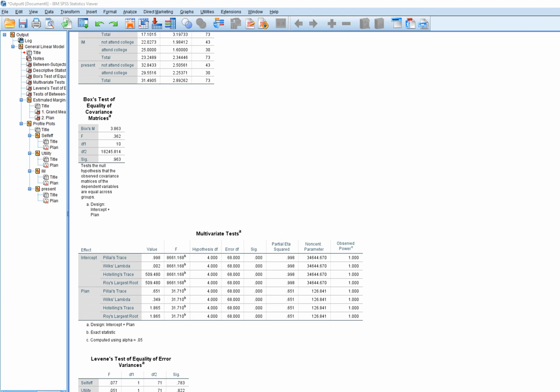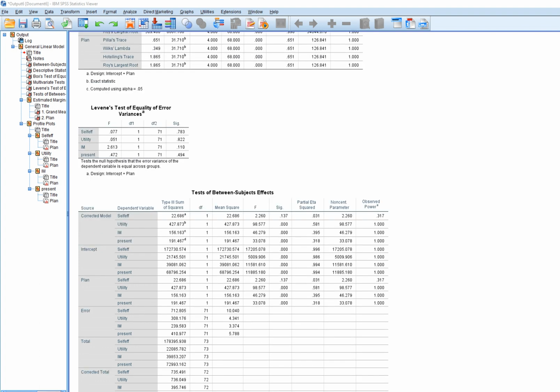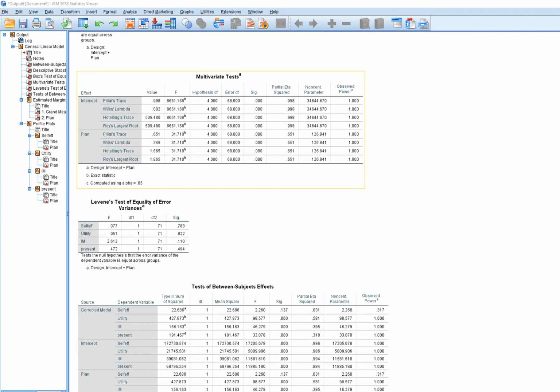Next we're going to scroll down. Once we've determined that there is a significant multivariate effect of the independent variable on the dependent variables, we have to follow up and try to isolate that effect and maybe even describe it.